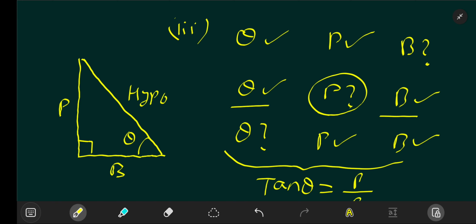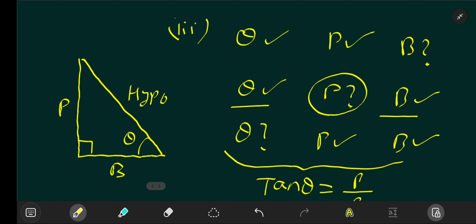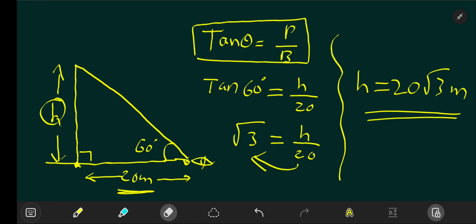This is the given information. By seeing this given information, I have selected the correct trigonometric function, so that I got the correct answer within less time. Okay, understood? This is the actual selection of trigonometric function.